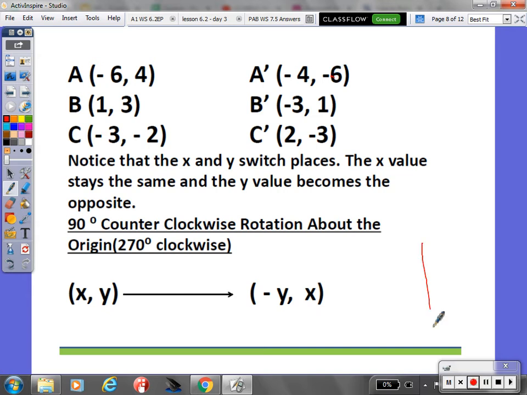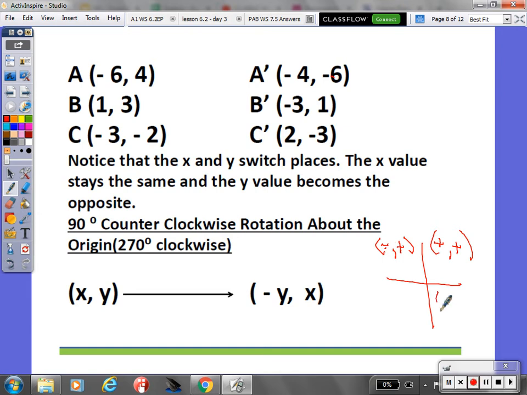If I started in quadrant 1, and that's probably the easiest place to think about, both of them are positive. But in quadrant 2, X is negative, Y is positive. So a counterclockwise rotation, you have to flip-flop, so Y is coming first, but we have to take the opposite to make sure it gets negative. So the opposite of Y, then the X.